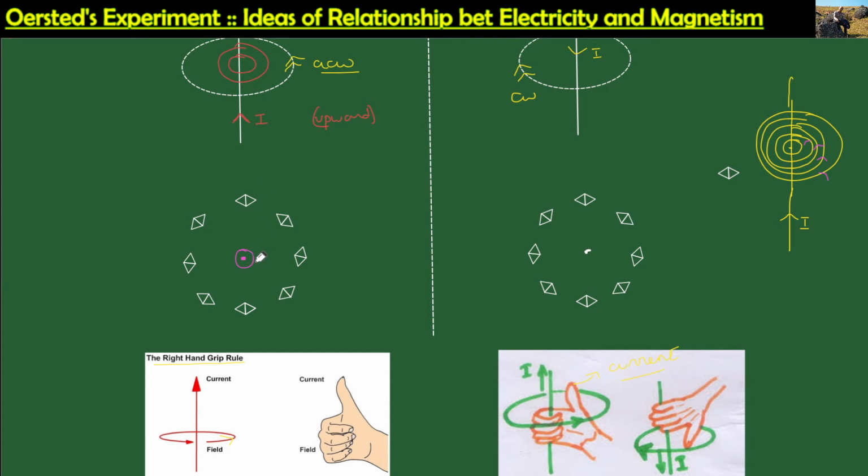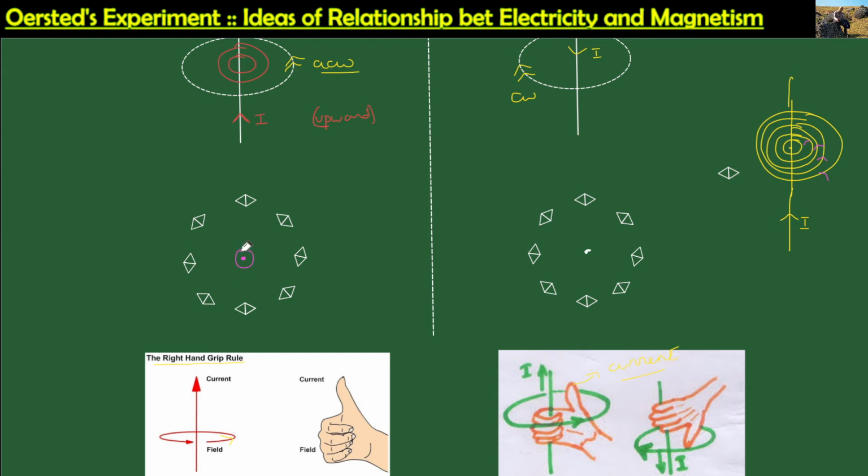So when the current is moving outwards of the screen, or out of the page, represented by this dot, this will be the direction of flow of the magnetic field line.